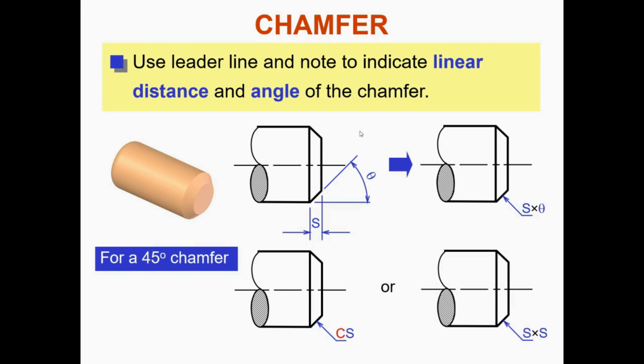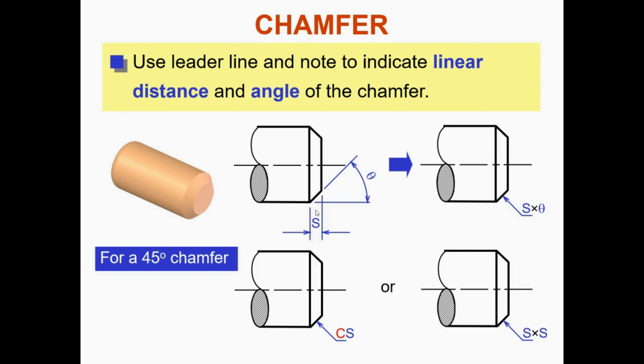For example, if you have a chamfer of 45 degrees, you're supposed to use the leader line and the note to indicate the linear distance and the angle of the chamfer. This is the orientation. Always take note, this is the orientation when it comes to chamfer.